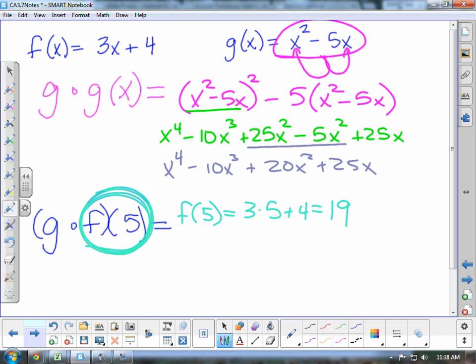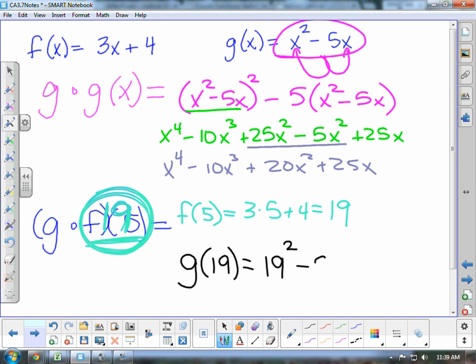And so then since f of 5 is equal to 19, if we want to do g composition f of 5, then we would have g of 19 now to figure out. And so then you would have 19 squared minus 5 times 19. And that would get you 266.